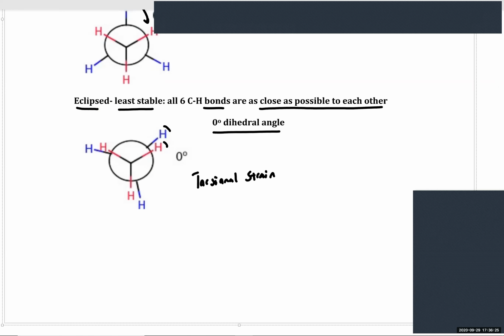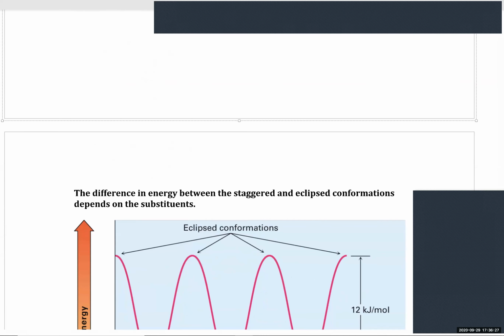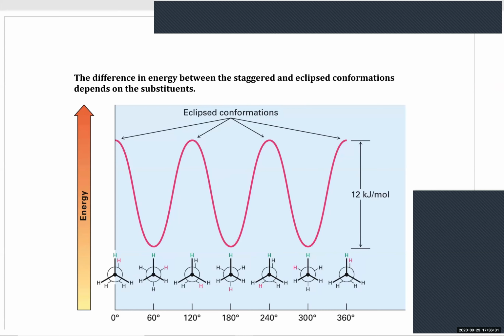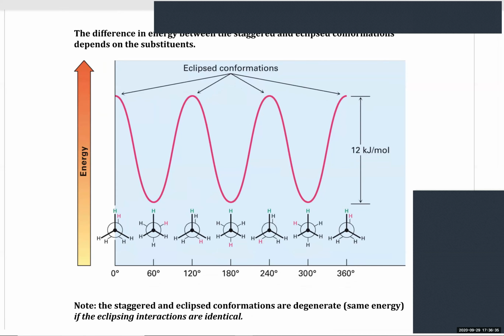Okay, so there are a few other conformations that we'll discuss throughout this lecture. But the main thing I want you to keep in mind is that the difference in energy between the staggered and eclipsed conformations depends on the substituents.